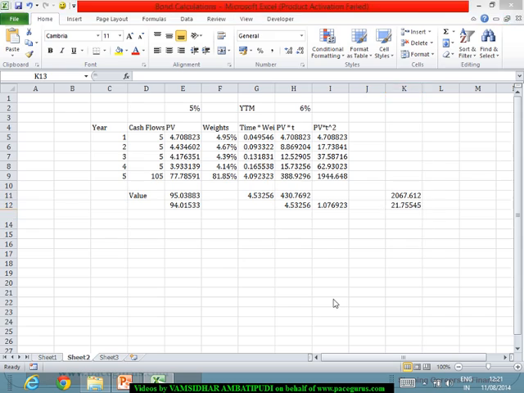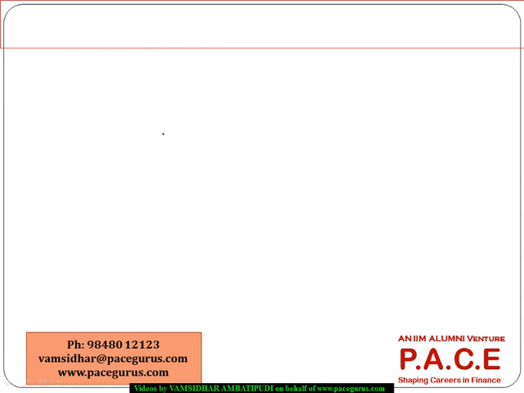Probably again expressing the same in this particular manner: earlier, when we had tried to find out the price of the bond, we said it is the change in price. We took the original price, multiplied it by the duration, and then multiplied by the change in the interest rate.